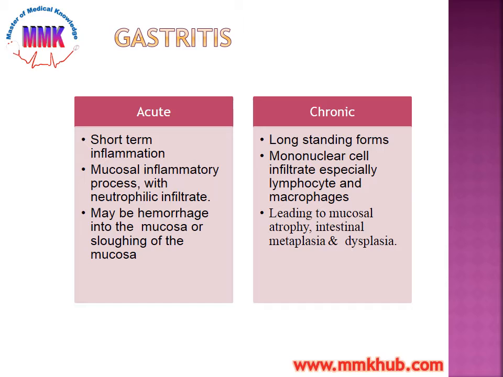In acute gastritis, mucosal inflammatory process with neutrophilic infiltrate is present, while in chronic gastritis there are especially lymphocytic and macrophages infiltration. In acute gastritis, there may be hemorrhage into the mucosa or sloughing of the mucosa, while in chronic gastritis, it can lead to the mucosal atrophy, intestinal metaplasia, and dysplasia.